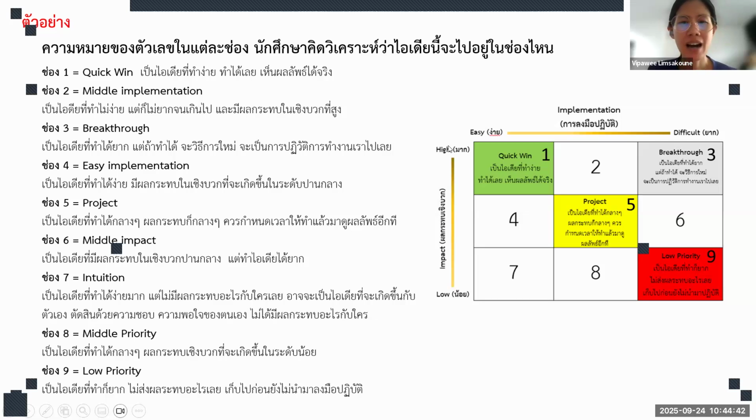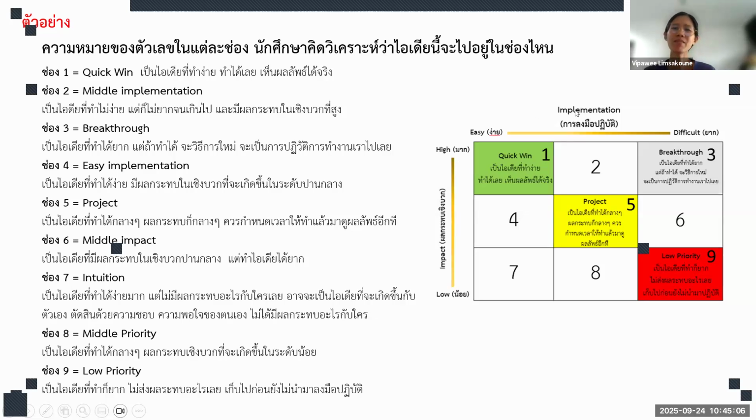Okay, on top here is the high positive impact. Please keep this criteria, okay, because I need to grade many students. Just please do the same. High positive impact is on the top, and then low positive impact is at the bottom. So it has little positive impact, I would say.